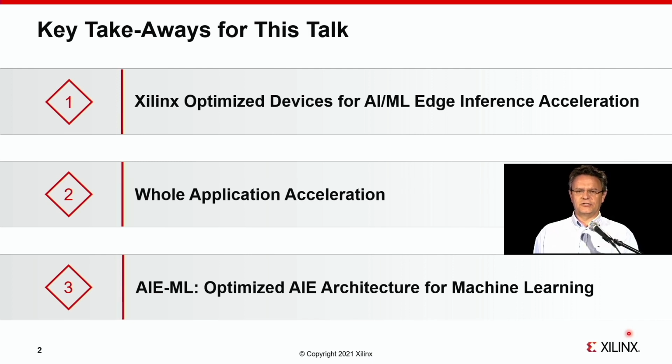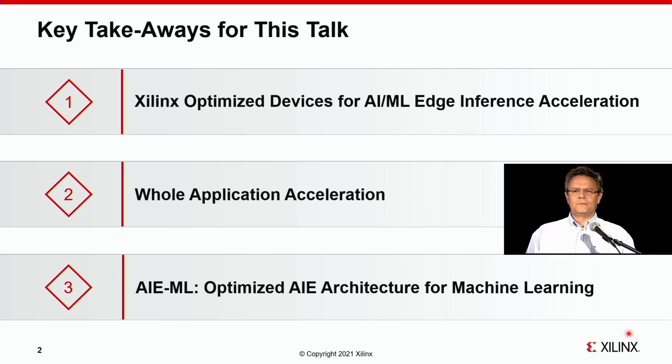The second point is the concept of accelerating the whole application. ML inference is only one task in a complete application at the edge. It's important to remember all the other tasks that are required for implementing the full application. And today I'll show this concept on 2 specific use cases and how these 2 use cases map on the 2 specific devices that we are introducing today.